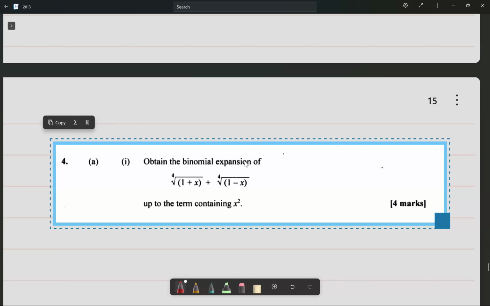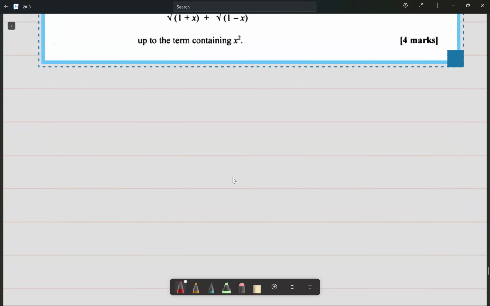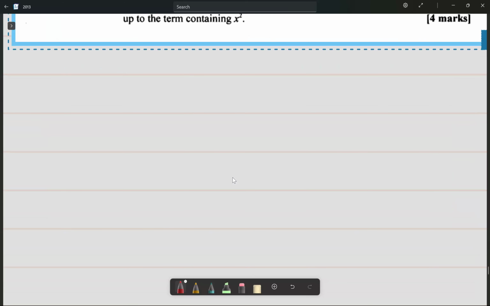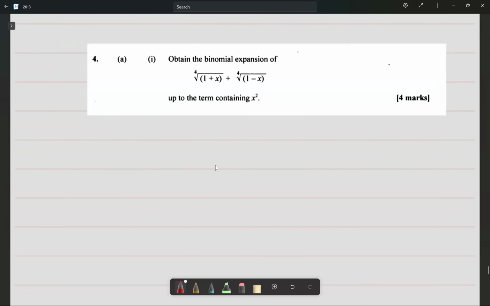Okay, binomial expansion. We write in the power format. Before we do that, let's do the recall. Recall, 1 plus x to the power of n is going to be 1 plus nx.